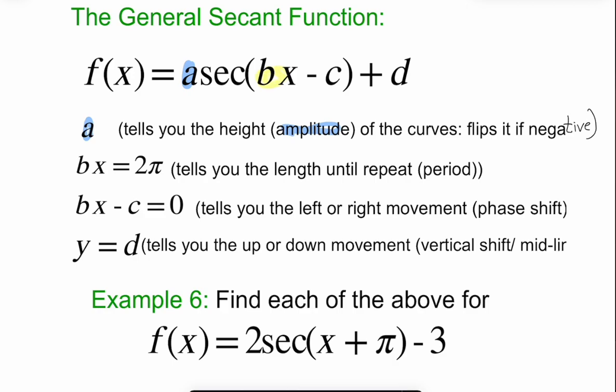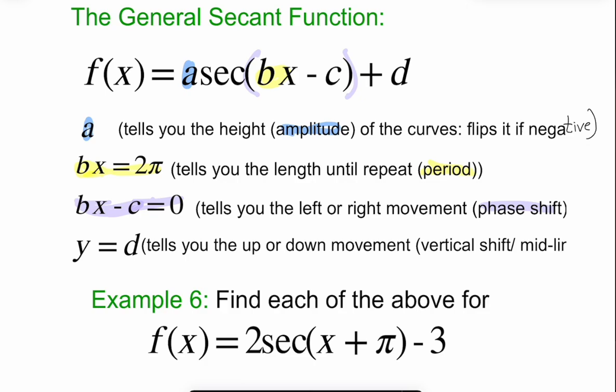Let's highlight this one. If you set it equal to 2 pi, you will still get the period for this graph. Highlight the parentheses here. If you set the entire thing equal to 0, you're still going to get where these upper parabolas, low parabola, upper parabola, low parabola, shift left or right.